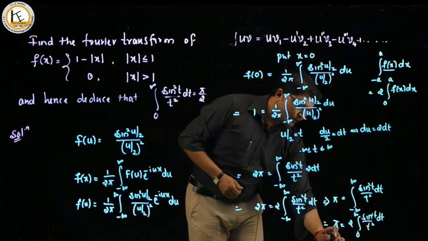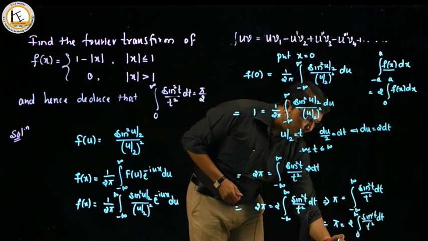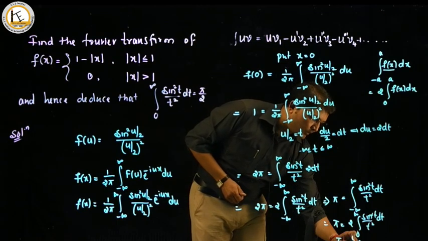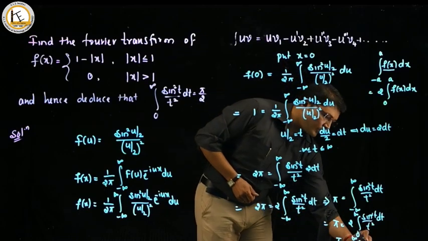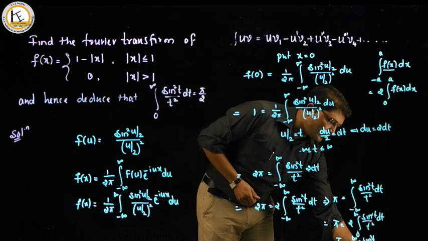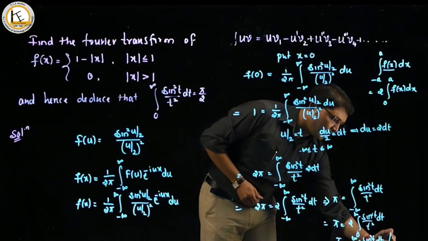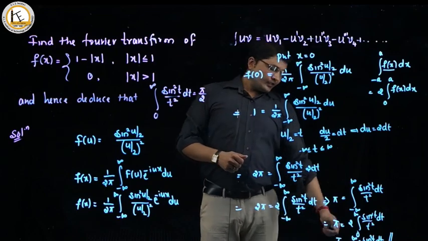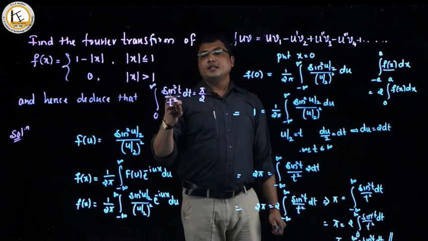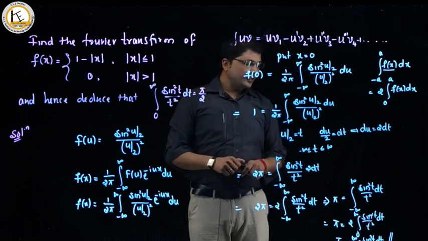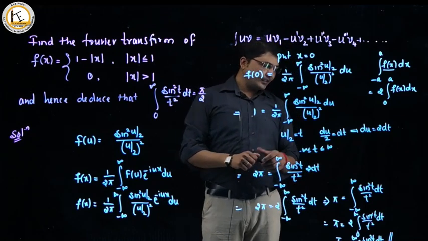Therefore taking the 2 to this side, we have pi by 2 is equal to the same integral 0 to infinity sine square t by t square with respect to t, and hence the value of the integral 0 to infinity sine square t by t square is pi by 2, which is the required answer, and hence the proof.